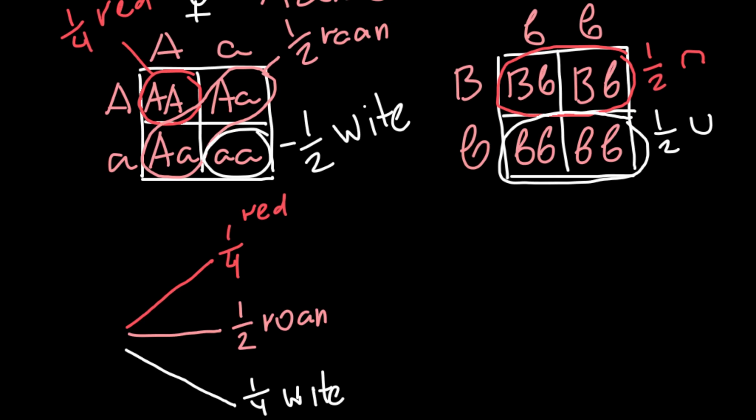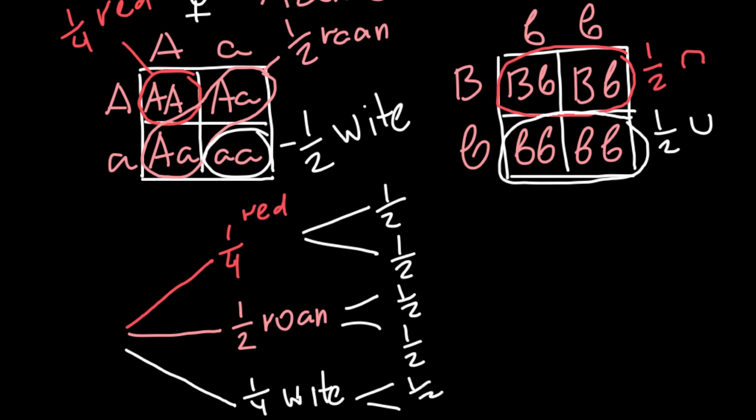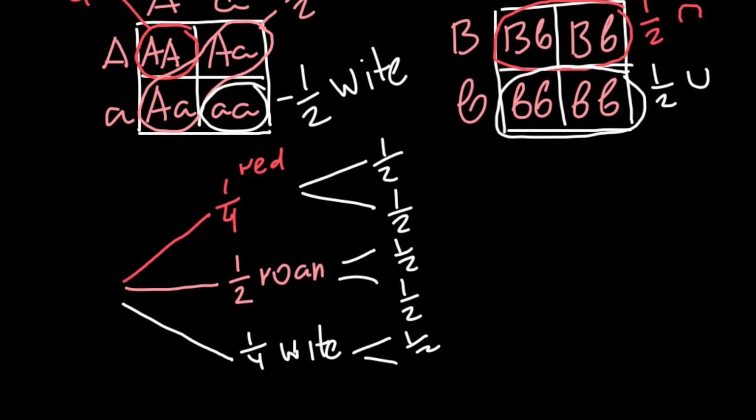Now we have ratios for the first trait, and the second trait is going to be even easier. Here we can put two lines. 50% of the progeny are going to be hornless, so 1/2 here, and 50% are going to have horns. The same ratios here, 1/2 and 1/2, and the same here, 1/2 and 1/2.